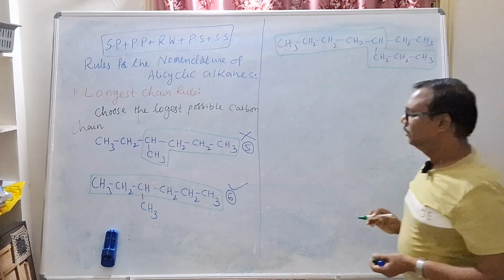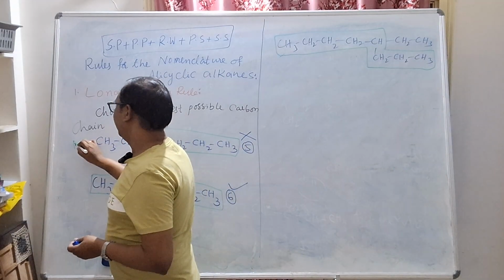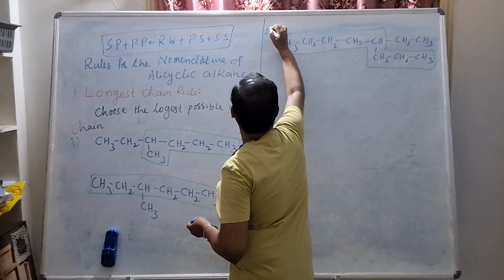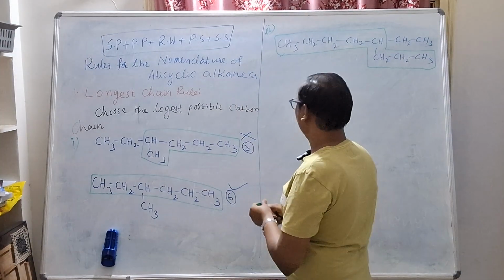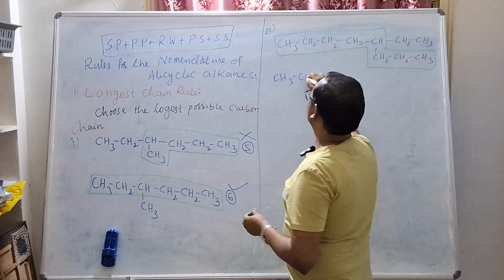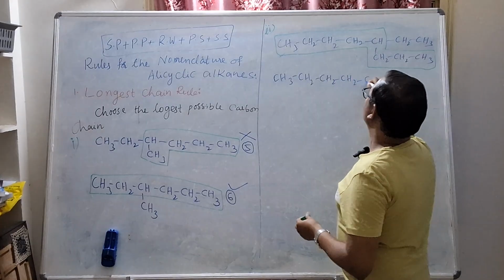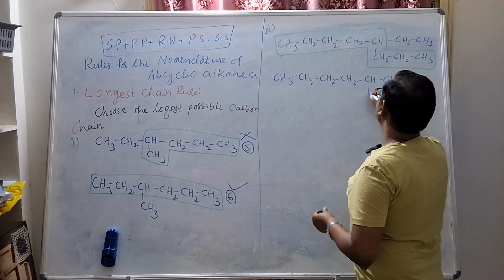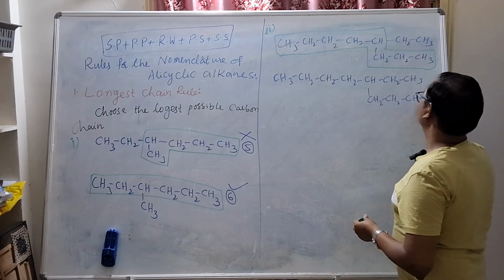We can observe this example number 1, and this is example number 2. You can write one more straight chain, I am showing that also: CH3, CH2, CH2, CH2, CH, CH2, CH3, CH2, CH2, CH3.